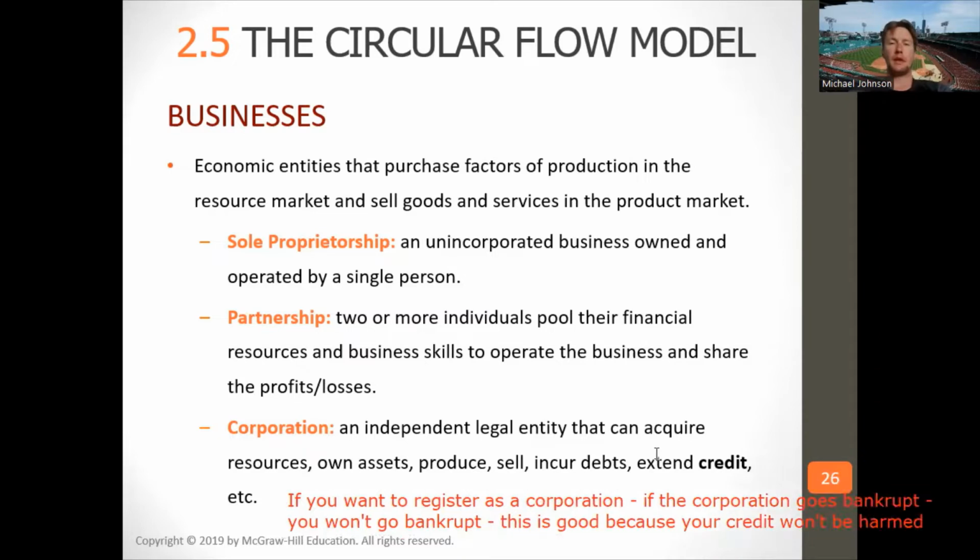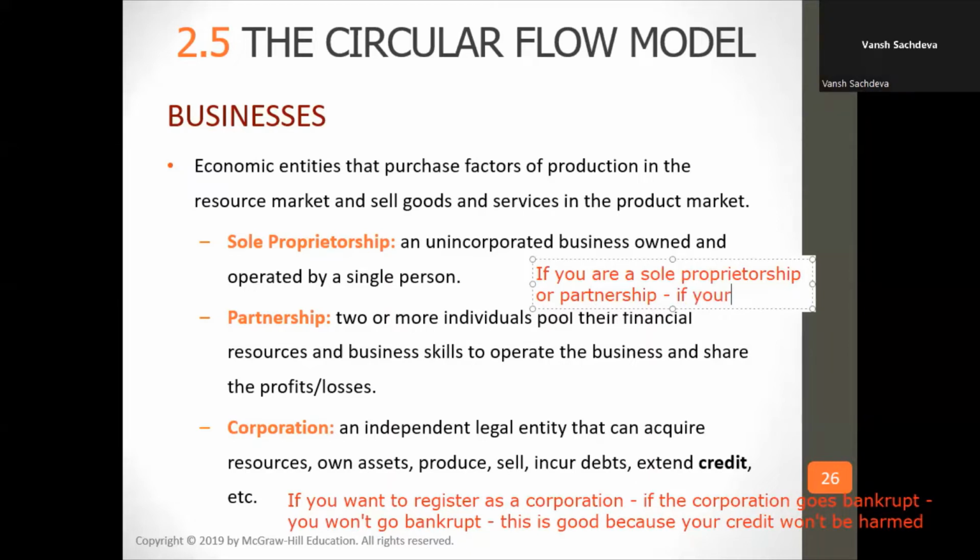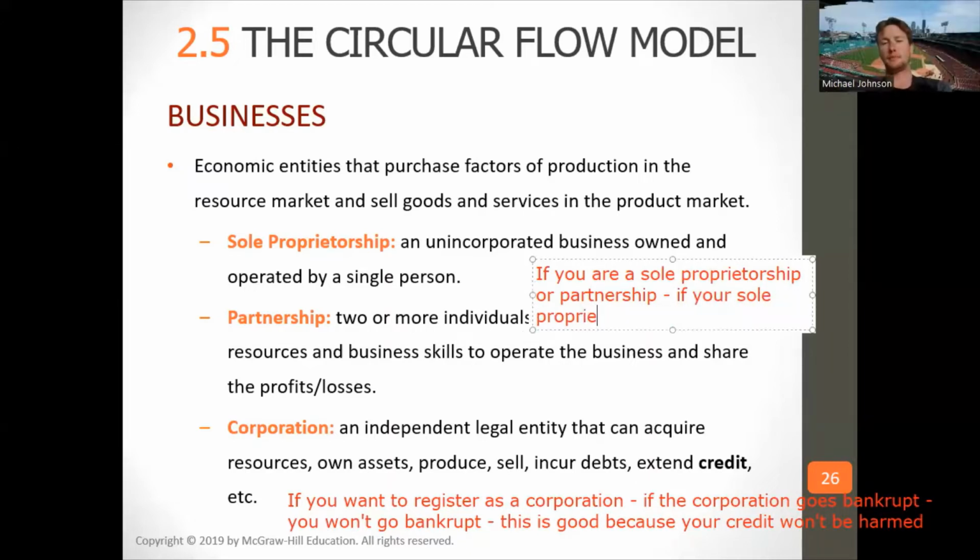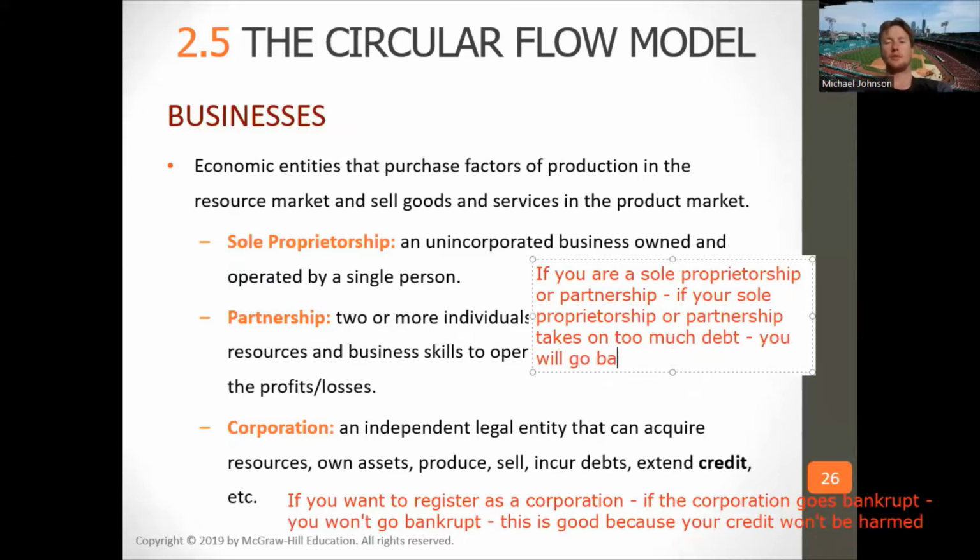But if you are a sole proprietorship or partnership, if your sole proprietorship or partnership takes on too much debt, you will go bankrupt.